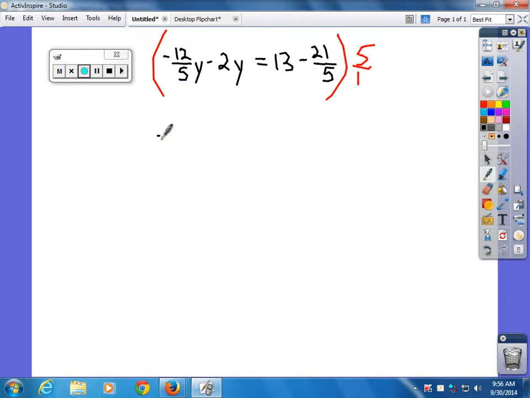And that's going to give me negative 12y minus what? 10y is equal to, what is that, 65? Somebody help me out there. 65 minus what? 21?